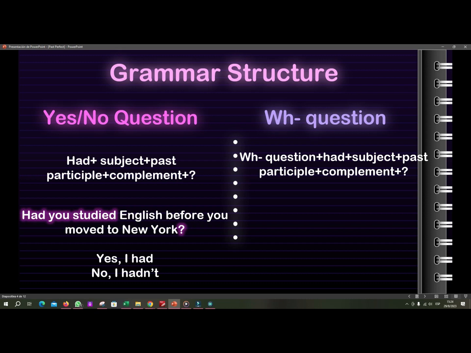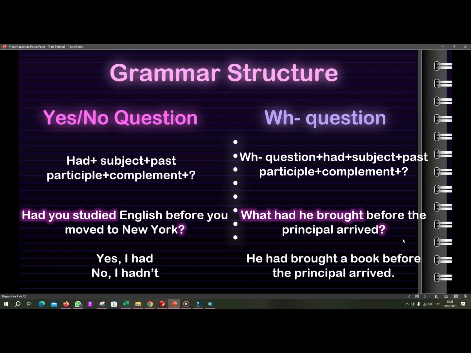Remember that these kinds of questions you should answer completely. Here you have the example. What had he brought before the principal arrived? So first you have what, that will be the WH word. Then you have had, the auxiliary, he, the subject, and brought, that is the past participle of the main verb, complement, and question mark.